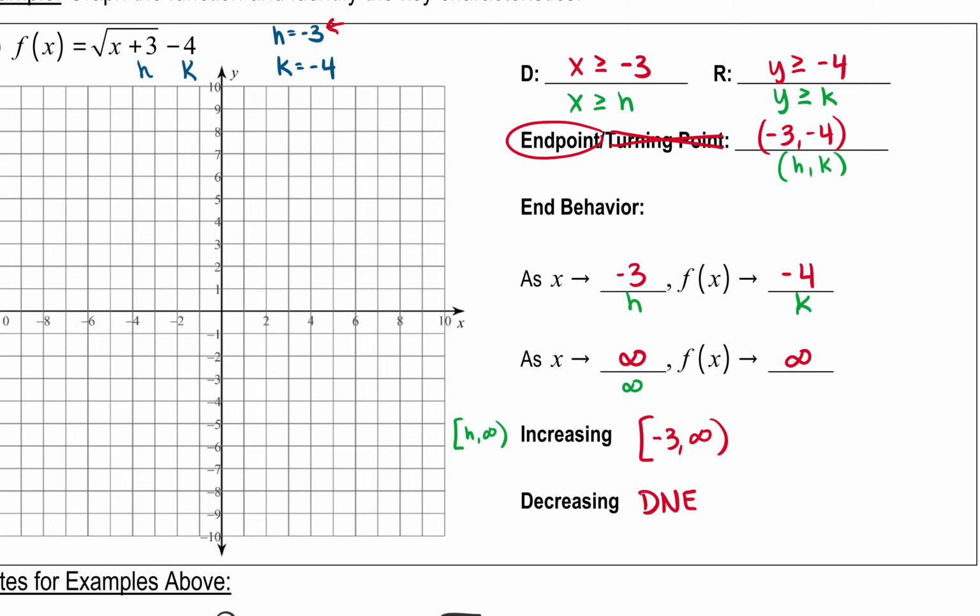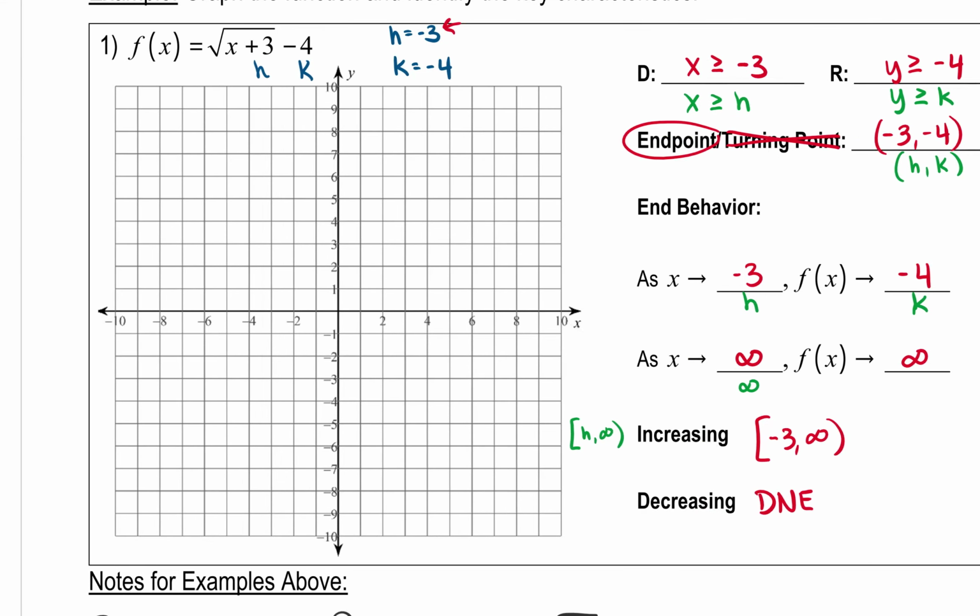Except the increase and decreasing, that interval can be on decreasing or increasing, so it's not always on increasing. But that's how you would always write it. And the only other one that could change is my range. If I had a negative, that would just be less than k. Other than that, though, that's the general format for all of these answers. So they're pretty consistent. And again, if you practice these, they'll get easy.